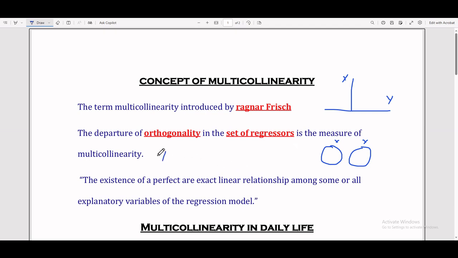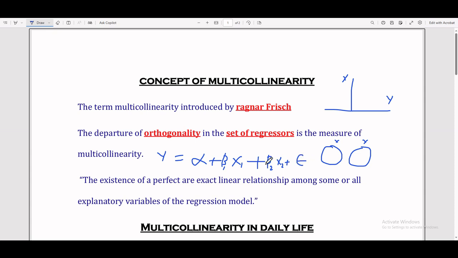Suppose we have a model, y is the dependent variable, alpha is the intercept plus beta 1 x1, beta 1 is slope, x1 is the first regressor, beta 2 x2, x2 is the second regressor plus error term.